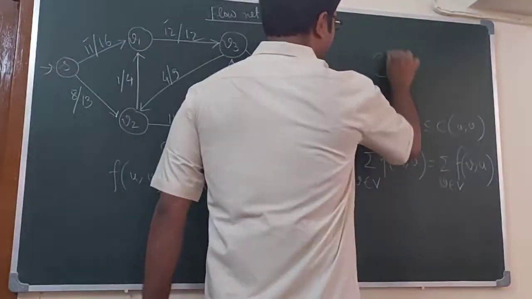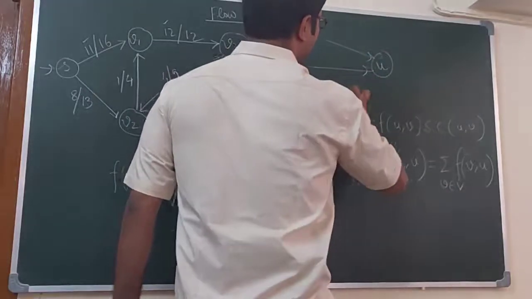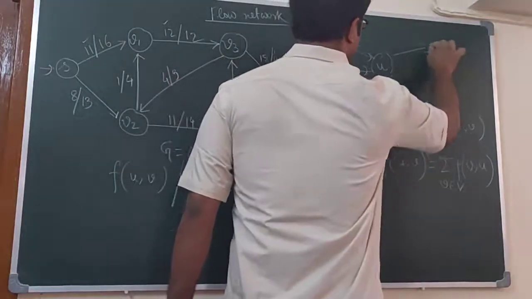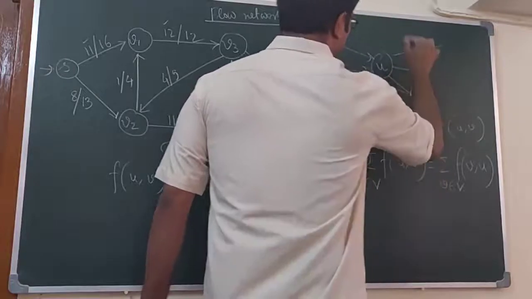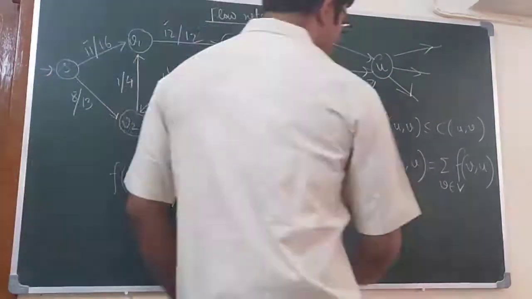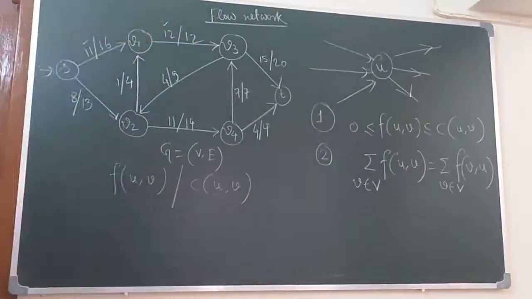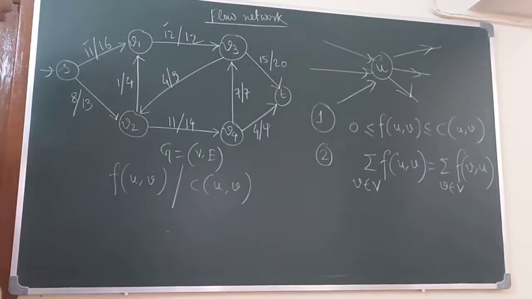If this is the vertex u, then the amount of flow in is equal to the amount of flow out. So this second condition is the flow conservation constraint. Okay, so there are two constraints in a flow network.